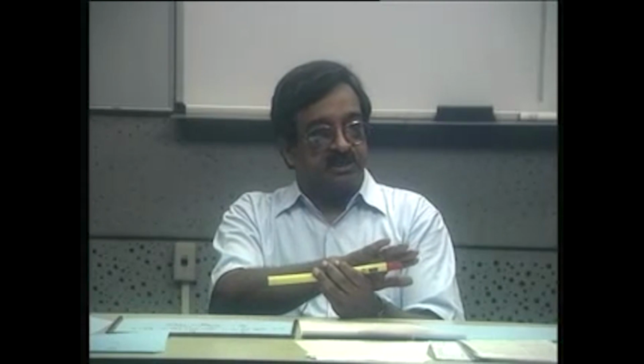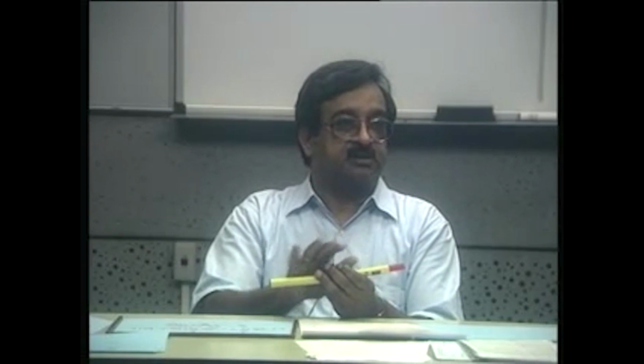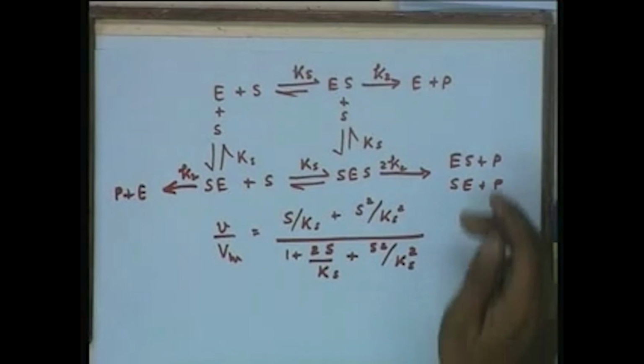That means essentially that whether it binds on the left hand side or on the right hand side, the binding of the next substrate onto the vacant site has no effect. And so the SES converts to ES plus P or SE plus P. From there both the binding sites can dissociate independently and lead to the formation of a single enzyme substrate complex plus product.